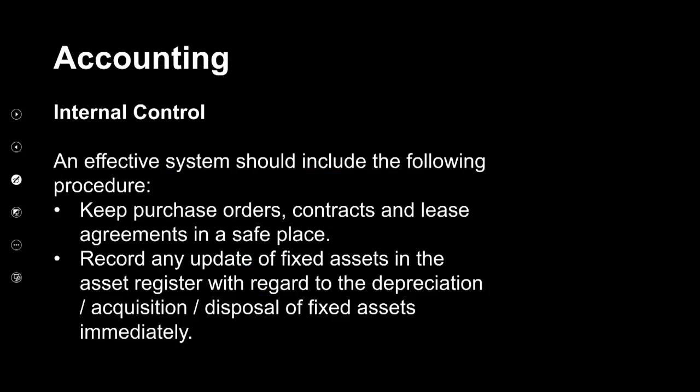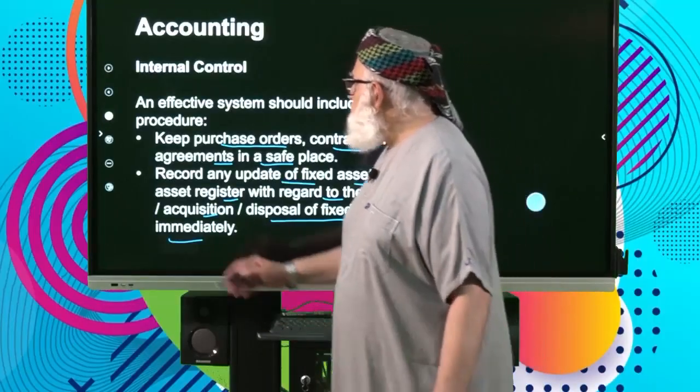An effective system should include the following: keep purchase orders, contracts, lease agreements in a safe place. Record any update of fixed assets in the assets register with regards to depreciation, acquisition, disposal of assets that need to be disposed of. So you can clearly see you're updating your records, and all of this is part of internal control.